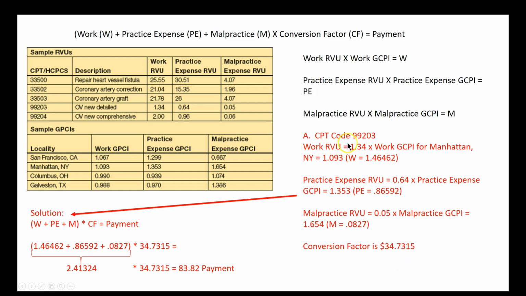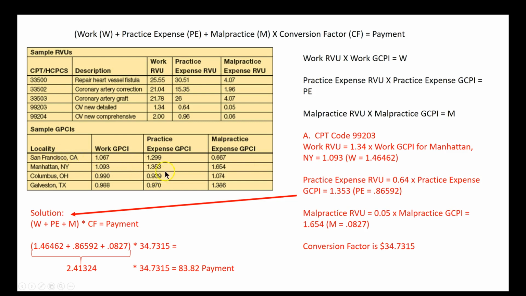So we start here with 99203. Relative value unit is 1.34 times the work GPCI for Manhattan, 1.093, gives you 1.46462. And you have to use that entire amount. Don't round off. Next, we do the practice expense. So for that procedure, the practice expense is 0.64.